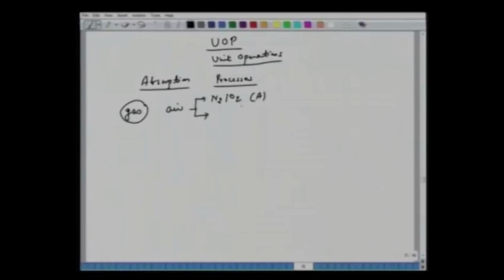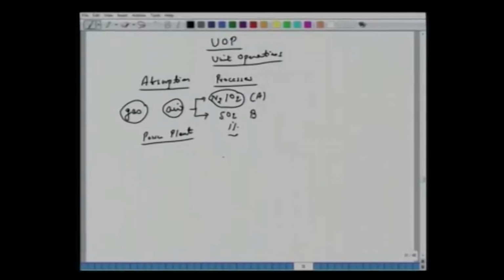let's call it A. So when we say A, it's a mixture of nitrogen and air, bulk quantities. And the next, B, which we want to separate, let's say it's sulfur dioxide, which is a very small quantity in the atmosphere. Let's say maximum it's 1%. All right. So what we're trying to say here is that this air which comes out from, say, a power plant, all right, contains some amount of sulfur dioxide.